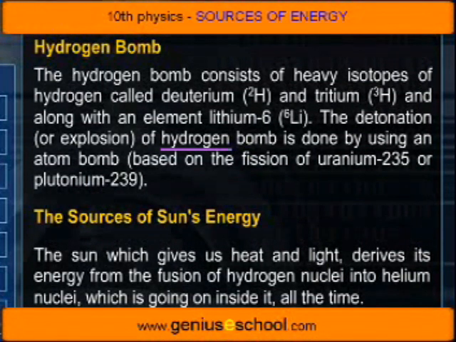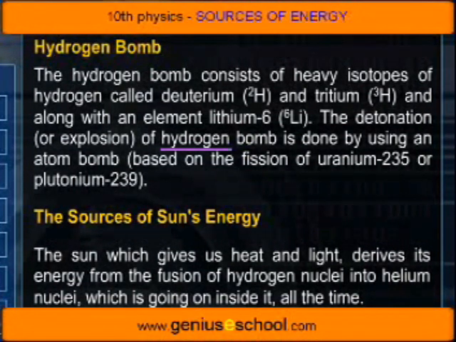The detonation or explosion of the hydrogen bomb is done by using an atom bomb based on the fission of uranium-235 or plutonium-239.